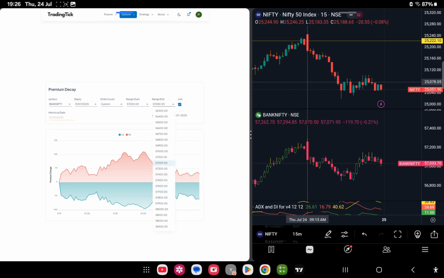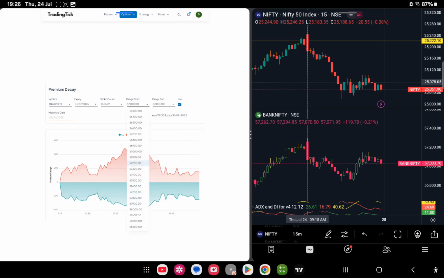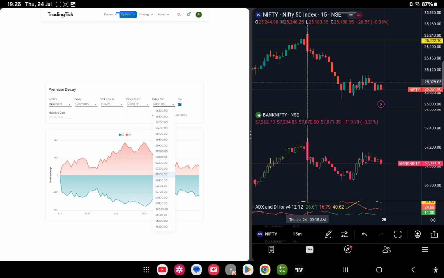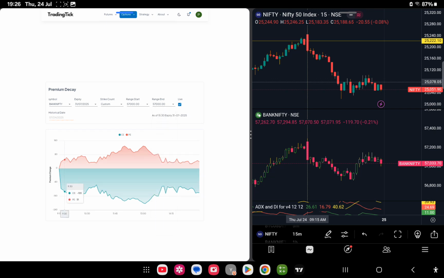Now we'll take a step count of 200, so we'll take 400 straight away. You see buyers were in profit, but at the end sellers were winning the game with a lower margin. Now we'll take 57k, the strong support, and here you could clearly see sellers were winning from the start itself. It was a very good decay.